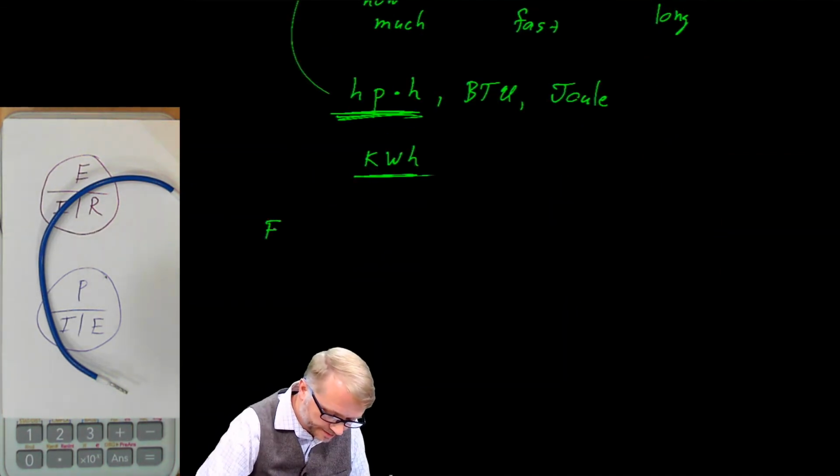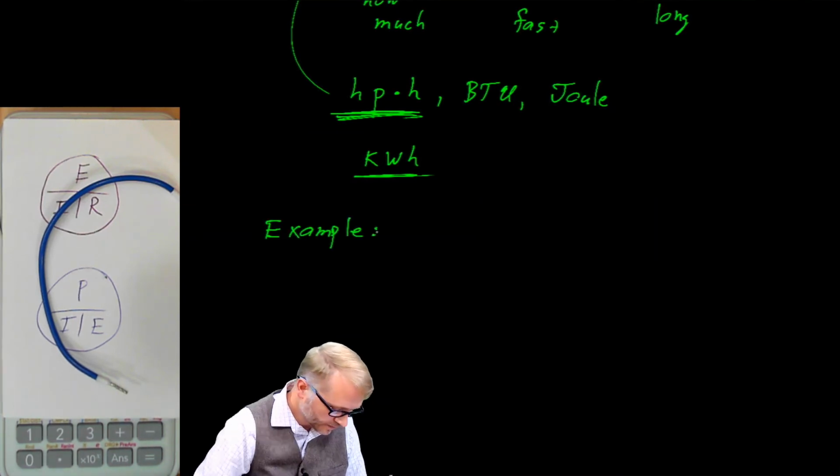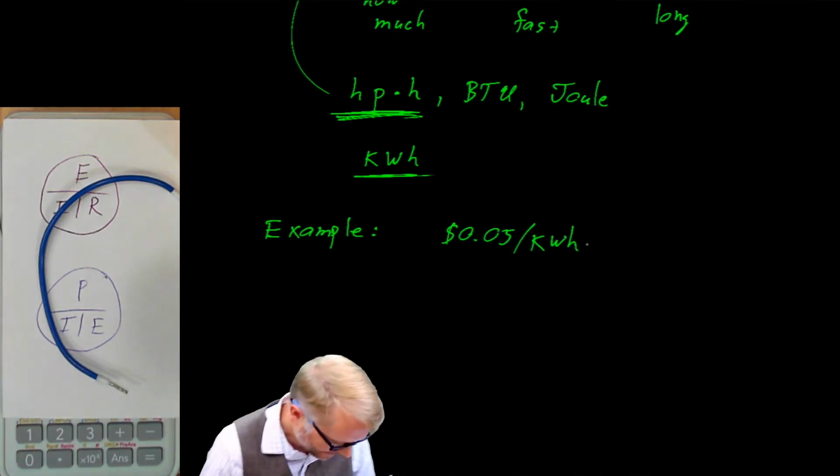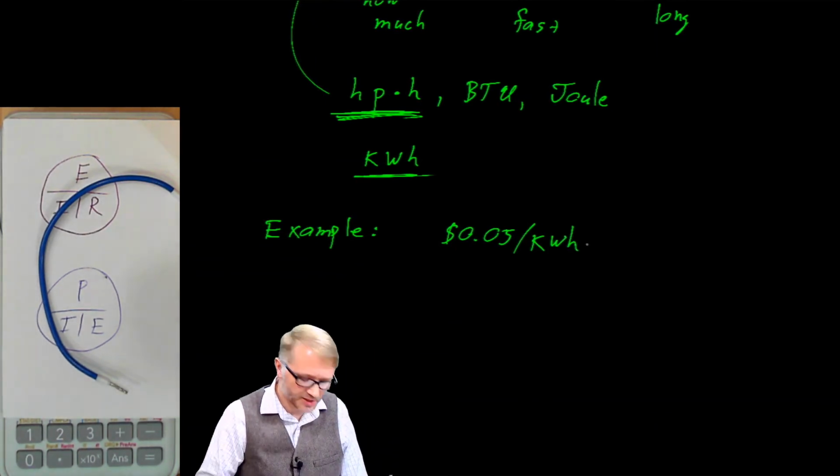Here's an example. Suppose we are paying 5 cents per kilowatt hour, which is pretty good. That might be for an industrial setting.